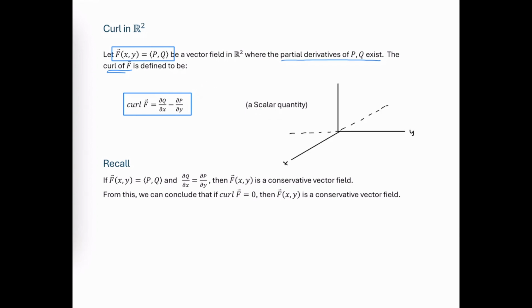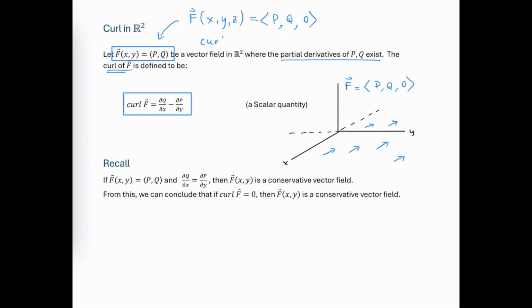But notice any two-dimensional vector field could be graphed in three dimensions by looking at the vectors only in that xy floor. And so a two-dimensional vector field can be expressed in three dimensions, where we have varying P and Q components, but the z component is always 0. This is the same as that two-dimensional vector field in the xy floor.